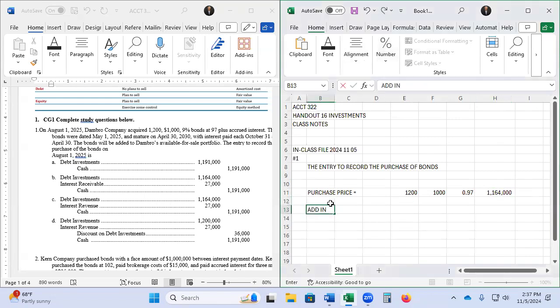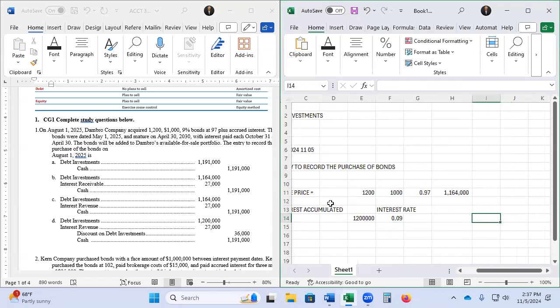And then we have to add the interest accumulated. And so we have the value of the bonds. 0.09 is the interest rate. And then it says that interest is paid on October 31st and April 30th.